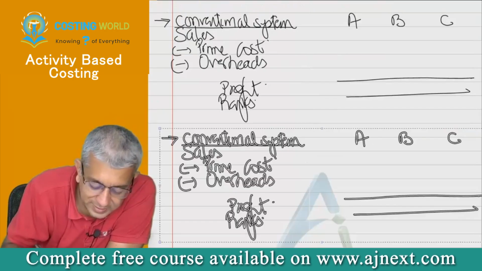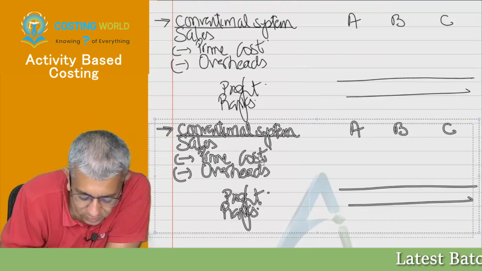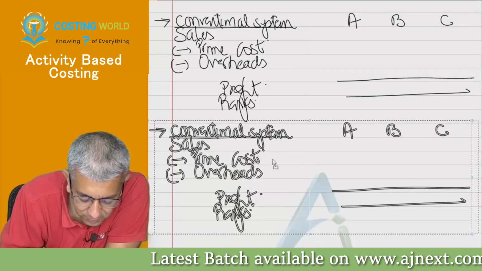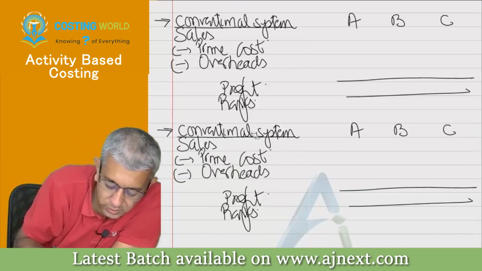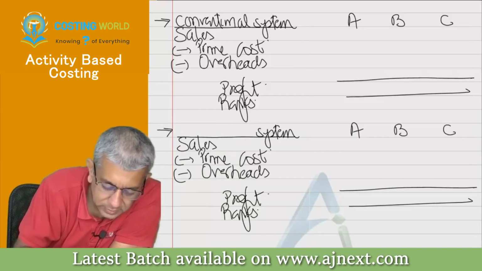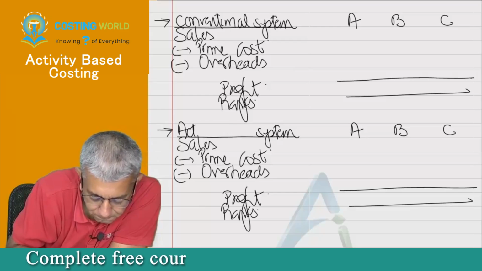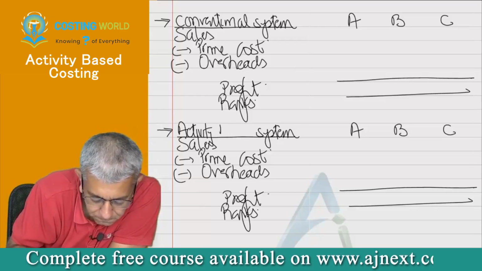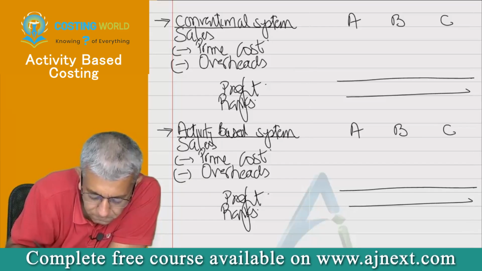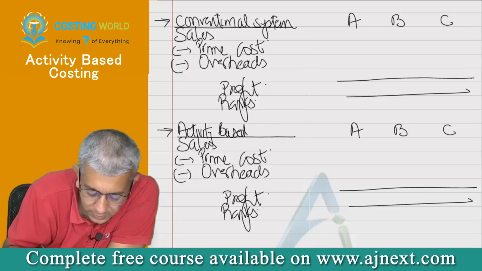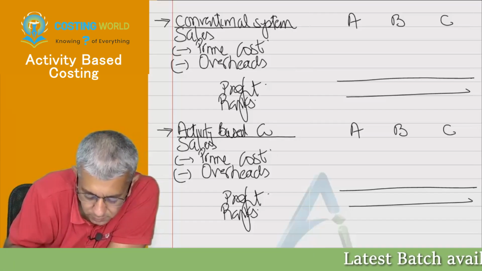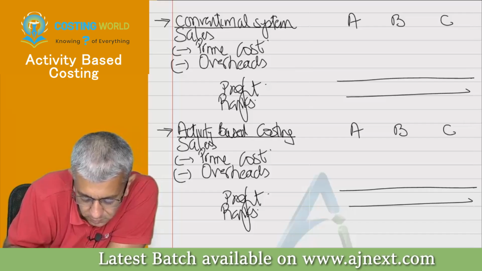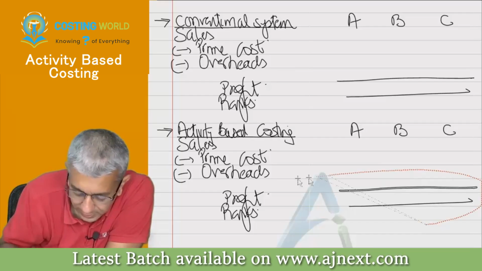Now, exactly the same way, do it once more. It's only that in this particular case, it will now be under activity based costing. And you might not leave one line after overheads.